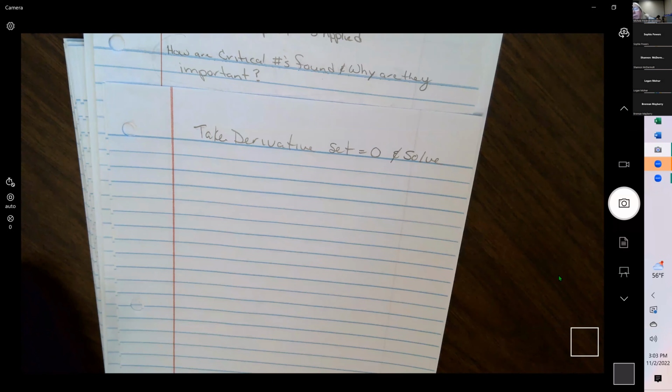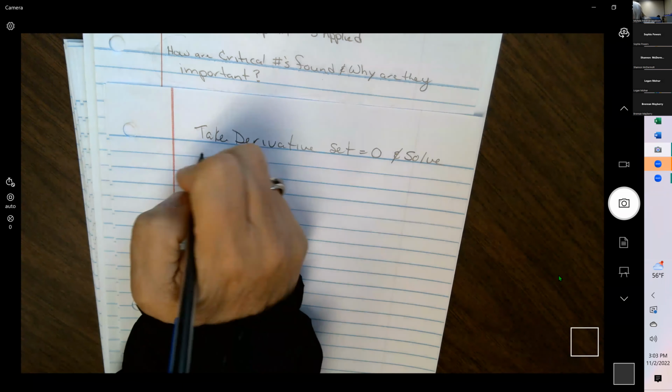Why are they important? What do the critical numbers give us? Think about the graph. It gives you the highs and lows on the graph.